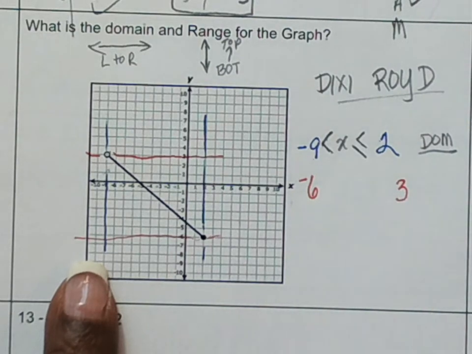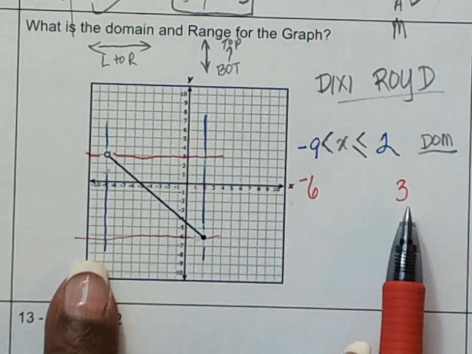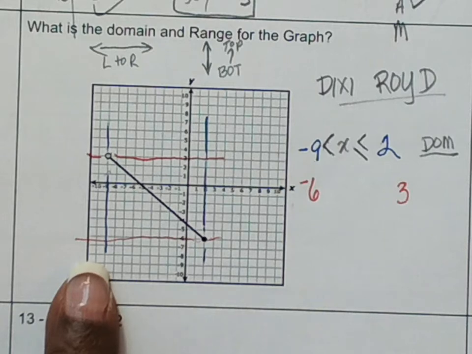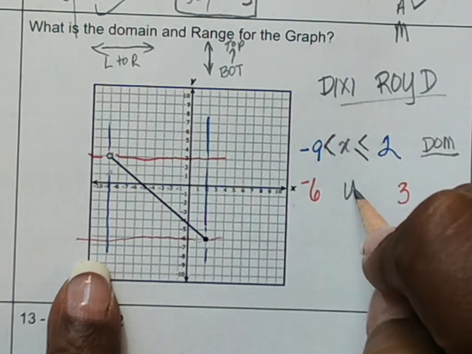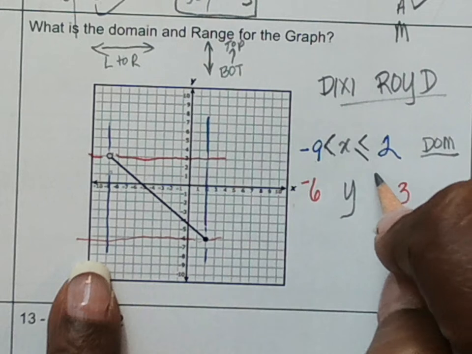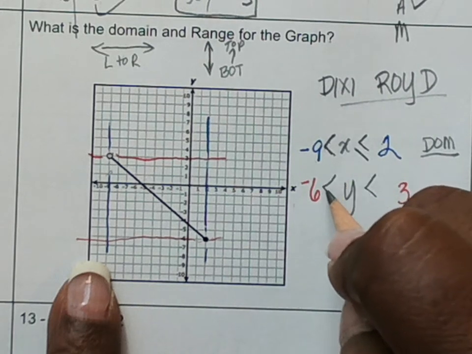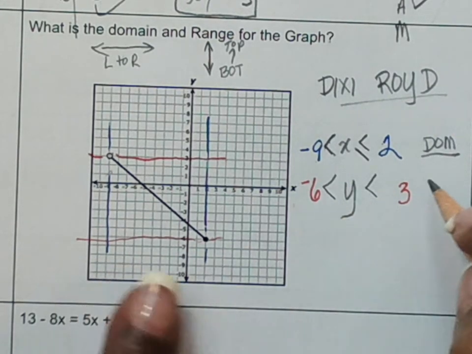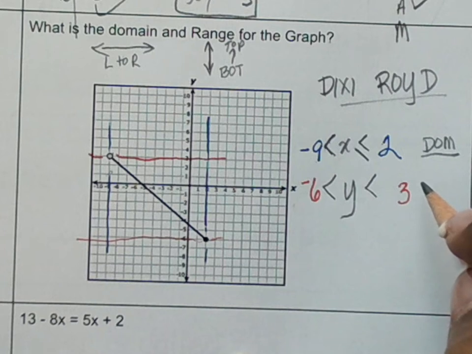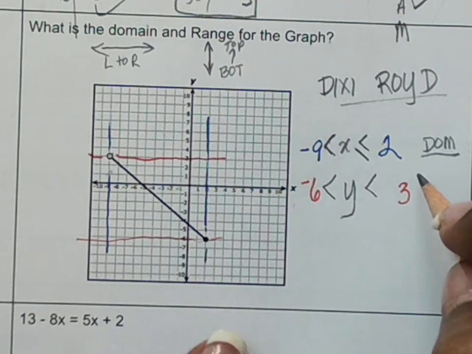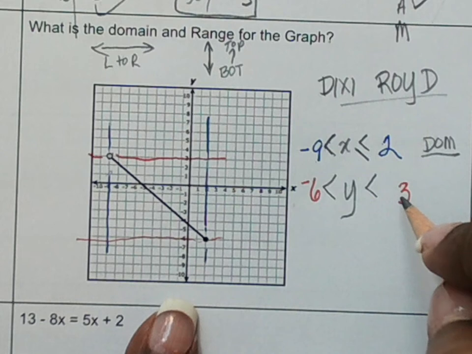Okay, great. Now I got my bottom and my top. I need to put my variable in the middle. Range is always y. And I'm going to put my inequalities facing the same direction, always this direction. And then I'm going to analyze whether or not I need to put a line underneath for equal.